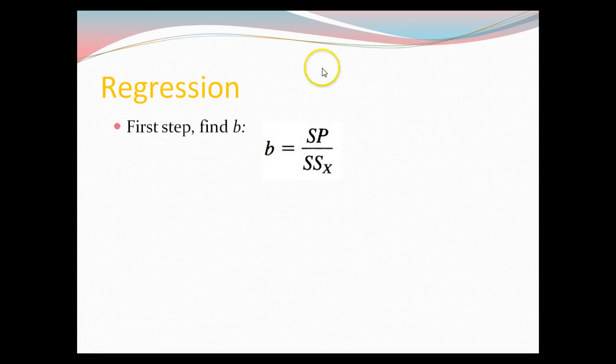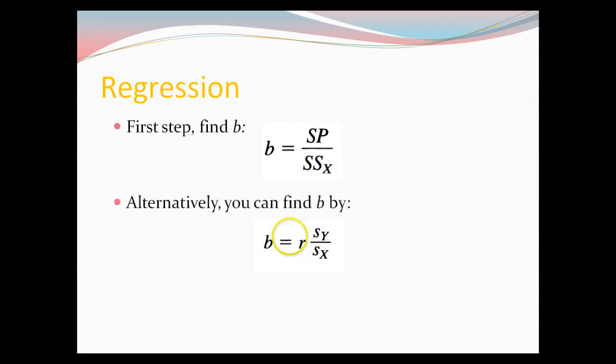So first step is to find b. And b equals the sum of products divided by the sums of square for x. Alternatively, you can find b, which equals r, your r value, the correlation, multiplied by the standard deviation of y over the standard deviation of x.